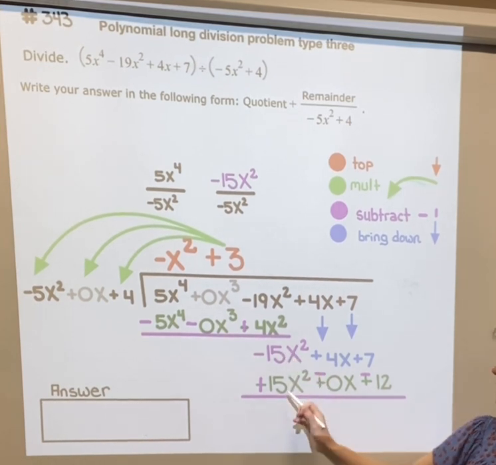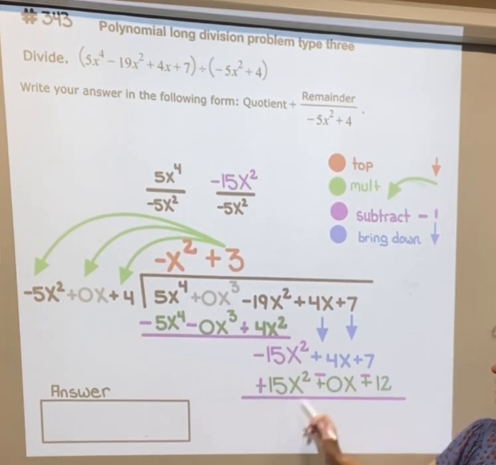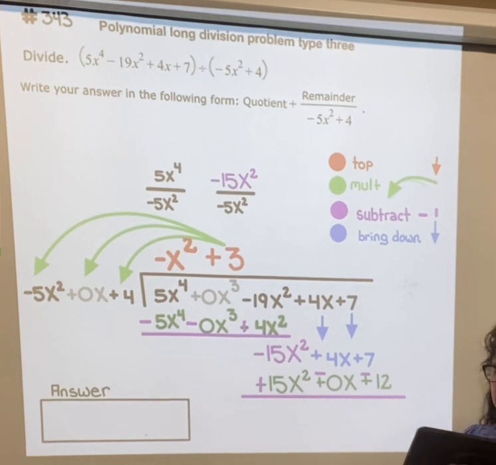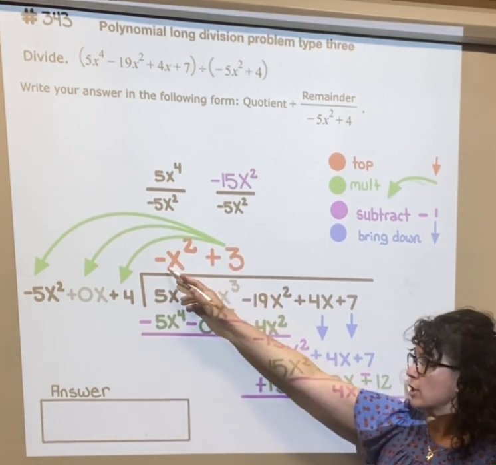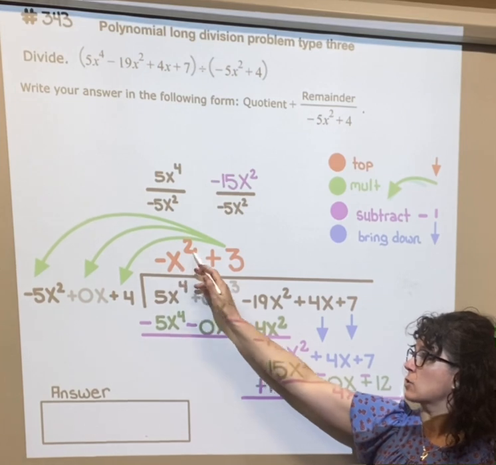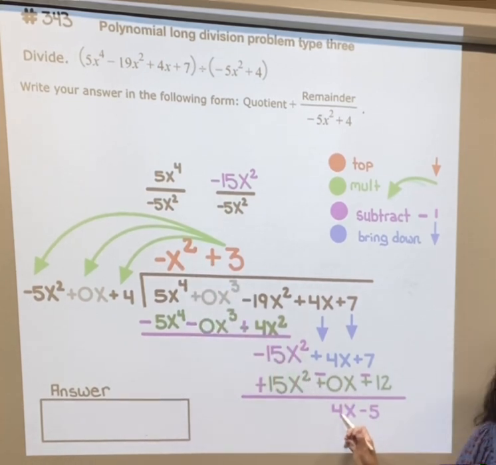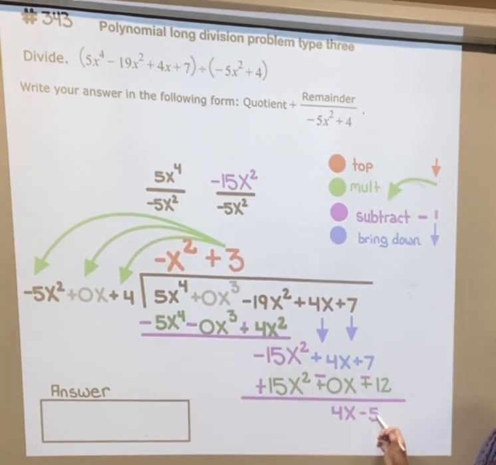So negative 15x squared and 15x squared is nothing. 4x and 0x make 4x, and 7 minus 12 is negative 5. So my quotient is negative x squared plus 3, and my remainder is 4x minus 5.